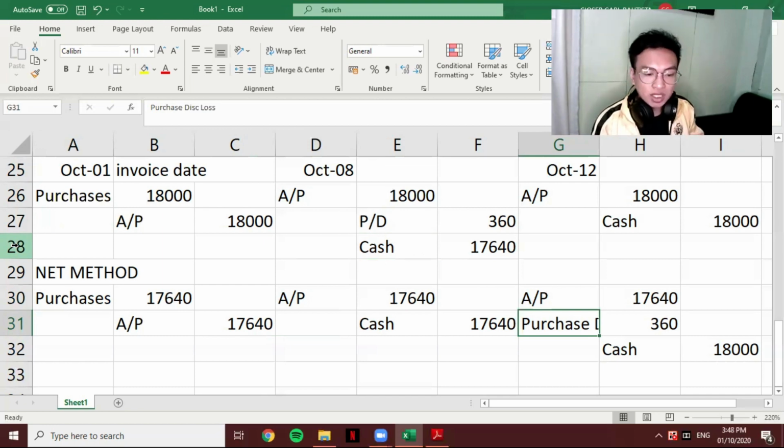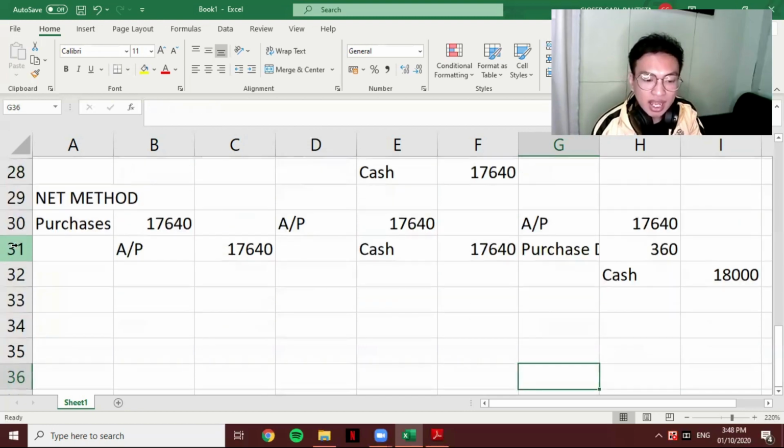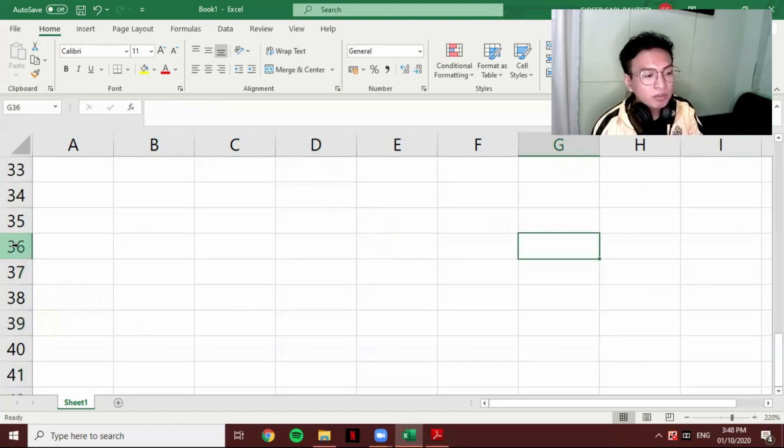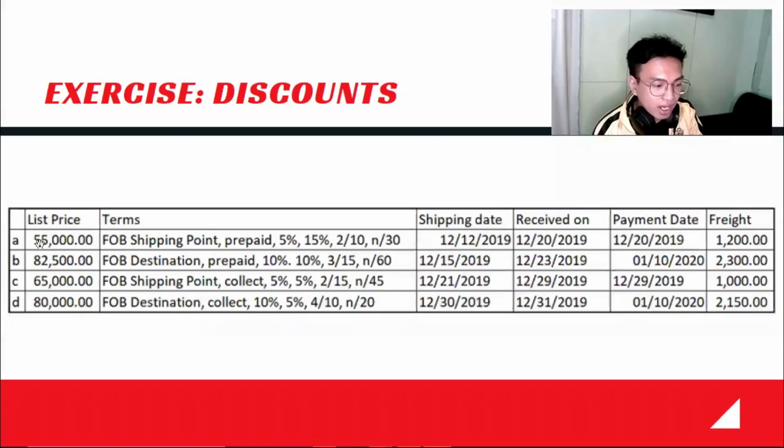Okay? So purchase discount loss will remain the same whether you use perpetual or periodic, since it is an expense title. Now let's make use of letter A as our example for seller's perspective.